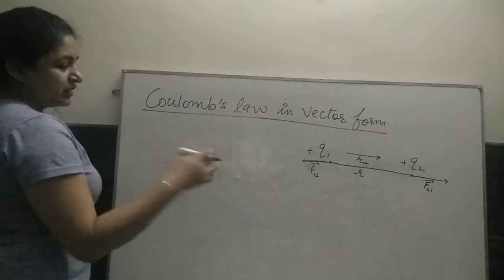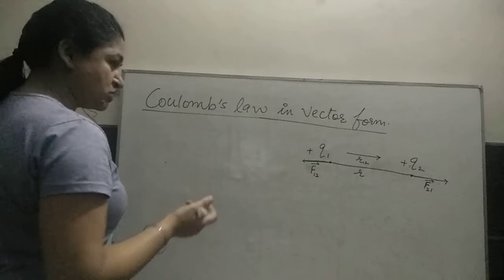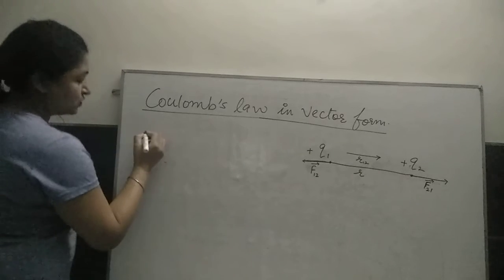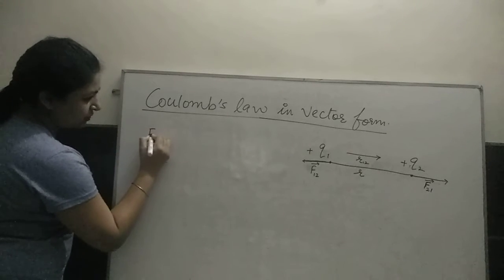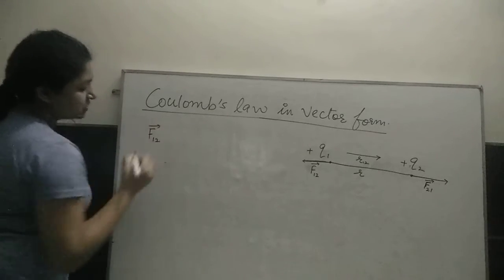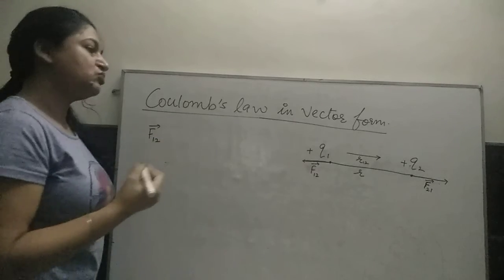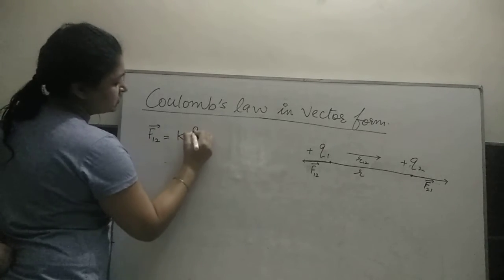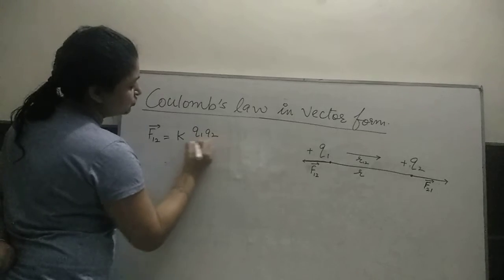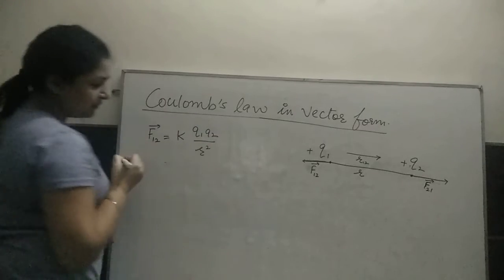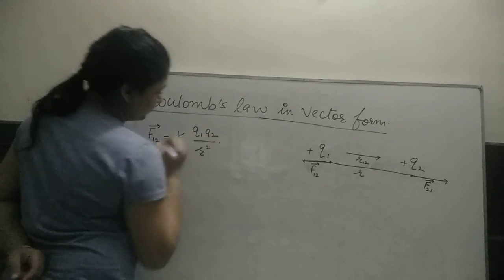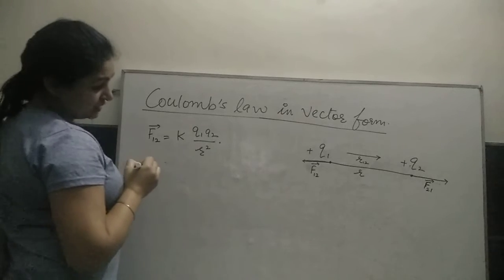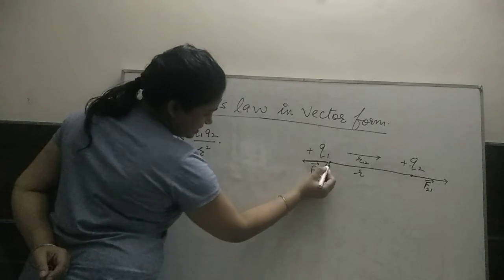And now let us write both of the forces in vector form. If I'm writing F12, this is the force on charge 1 due to charge 2. Rest of everything will remain same, K times Q1 Q2 over R square into, now I want to write the direction. What is this direction?